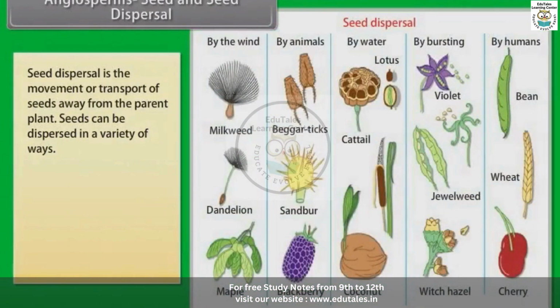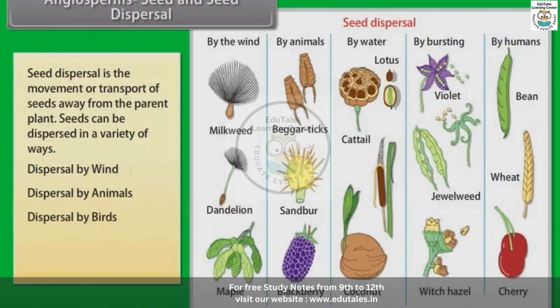Seed dispersal is the movement or transport of seeds away from the parent plant. Seeds can be dispersed in a variety of ways: dispersal by wind, by animals, by birds, by water, and by man.